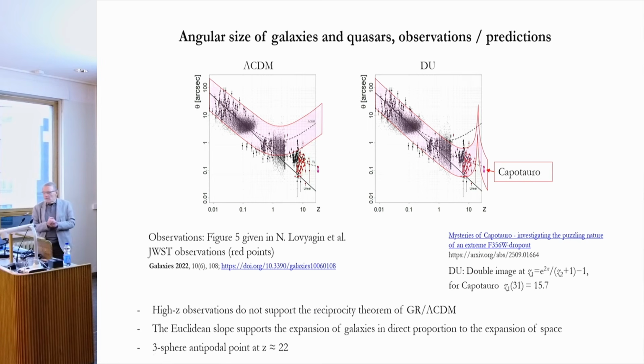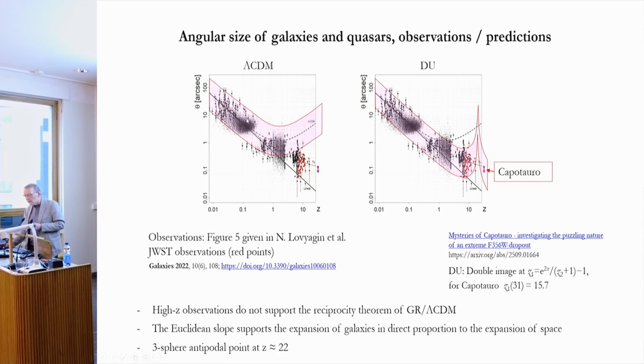This is the observed angular sizes of galaxies and quasars. I have picked it from the Lovyagin paper. In that paper, all the black dots and also the red blocks, which present the observations by the James Webb Telescope, are collected in this general chart in common.